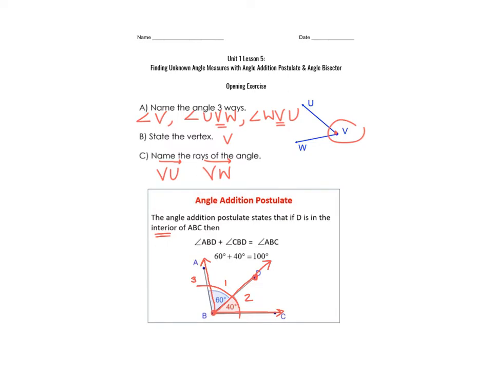And this relationship is very similar to the segment addition postulate that we studied last week, in that part plus part would equal whole, pretty common sense. The small angles are going to have to add up to the larger angle, the main angle. So we have 60 degrees for one of them, 40 for the other, and 60 plus 40 would tell us the measure of angle ABC has to be 100, and that's what the angle addition postulate says.